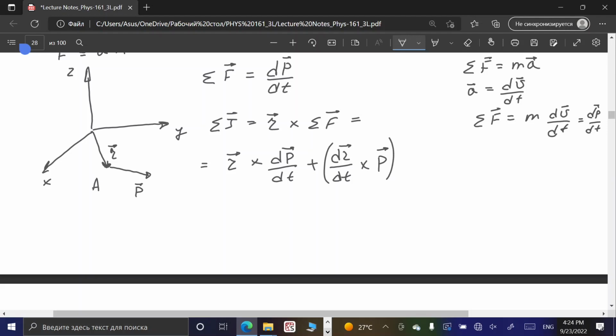We still can keep this equality. So can you explain why this claim is valid? dr over dt would be the velocity vector. This is linear momentum.